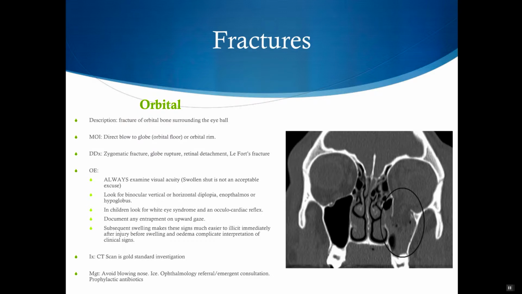That can push on the optic nerve, that can affect the eye and the eye movements, but also, depending on how bad the fracture is, the actual mechanical features of the fracture can lead to entrapment of the muscles. That fracture can also lead to, and this is what you're seeing in the image there, bleeding that goes into the sinus.